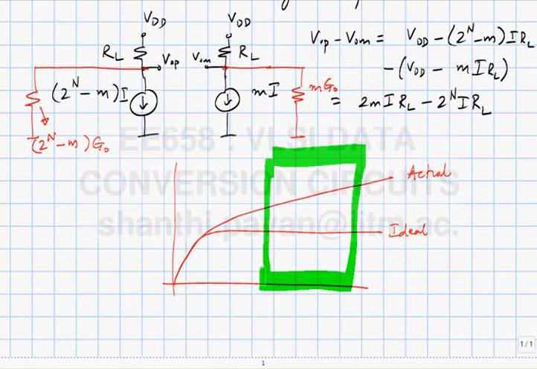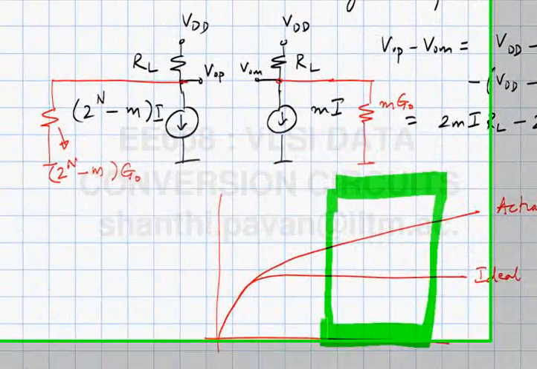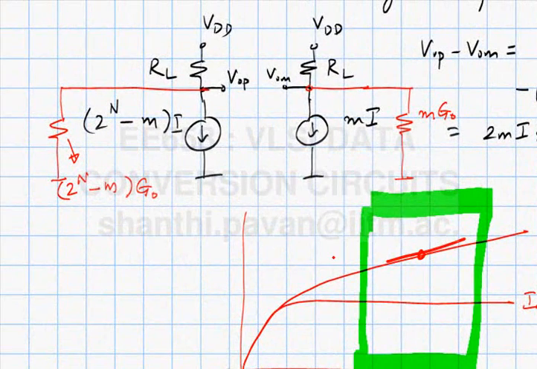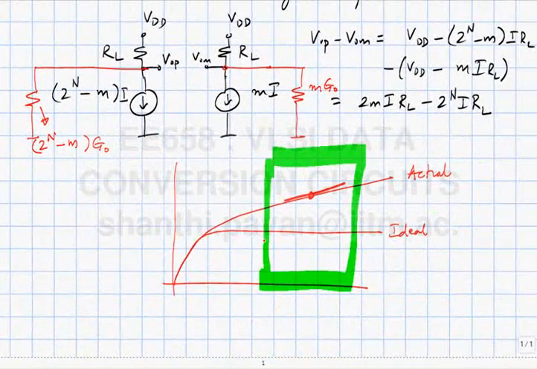But what else? Assuming the slope was constant, is there still something wrong with the model? So, the GO is nothing but the slope of the current, the I versus V at some point. If you assume the slope is constant, that slope remains constant throughout the saturation region. So now, can you comment on whether this is correct, or there is still an offset?